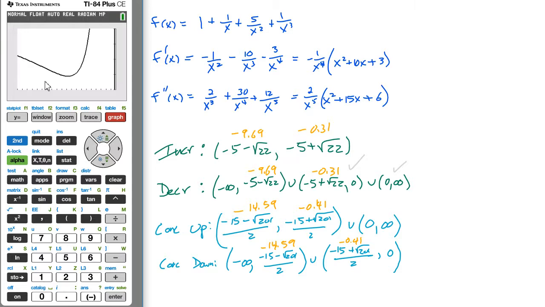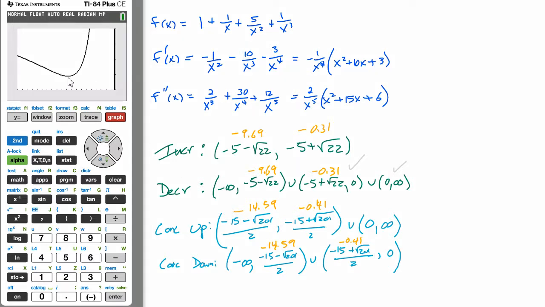Notice what we have here: we're decreasing through this critical point. We're decreasing basically through -9.69, which is where we are here. Then we're increasing from -9.69 through -0.31. So this is at -9.69.